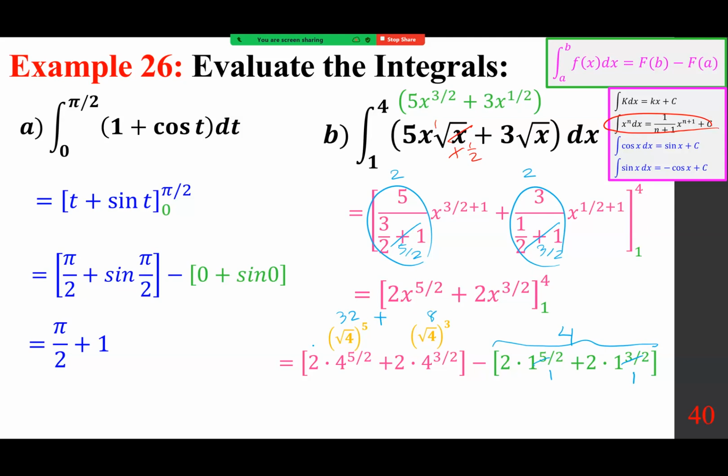So we have 2 times 32 plus 2 times 8 equals 16 minus 4, and as you can see, adds up to 76.